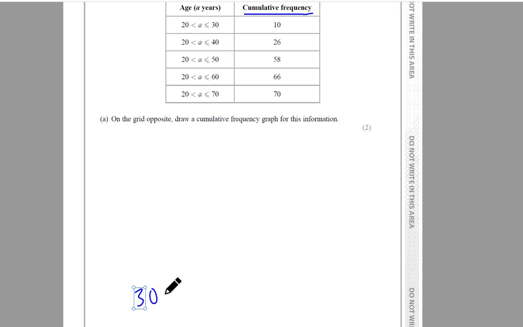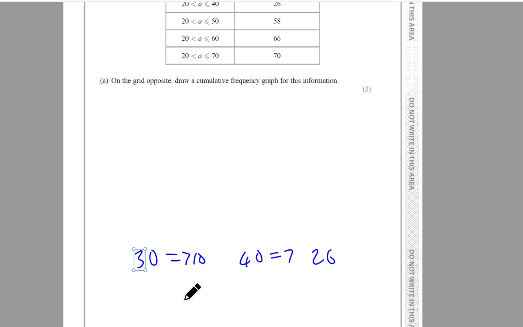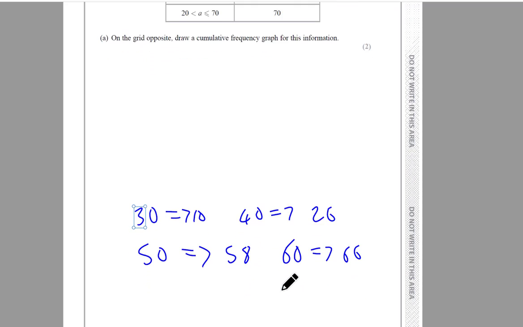So from 30 it starts at 10, from 40 it's 26, 50, this is just an arrow guys, it's 58, at 60 we're going to be plotting 66 and 70.